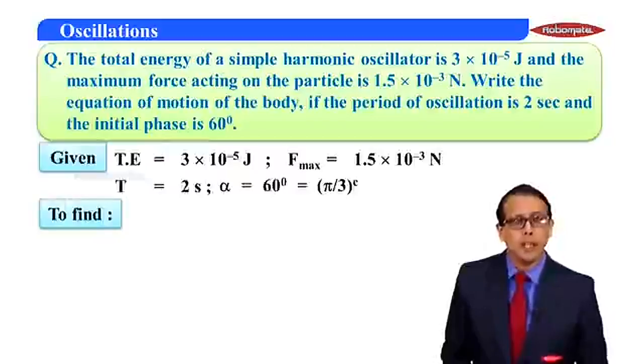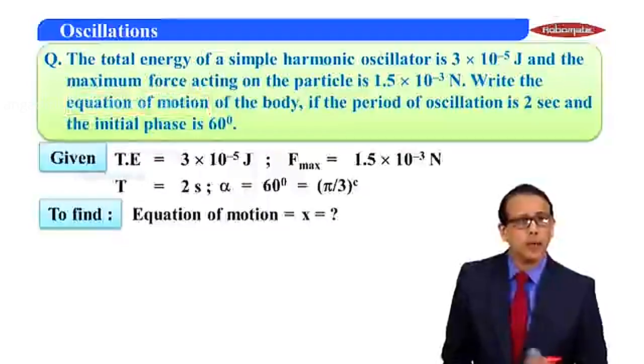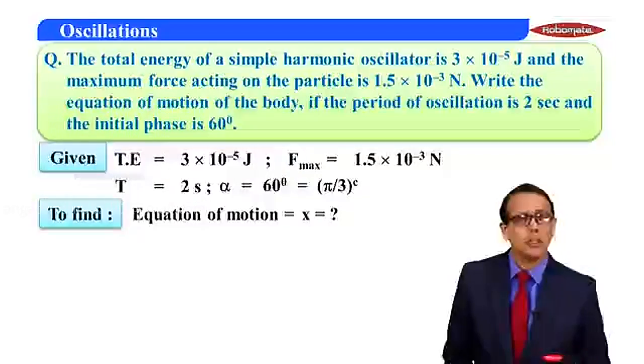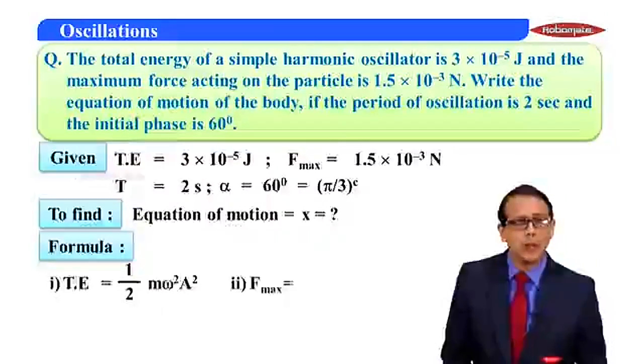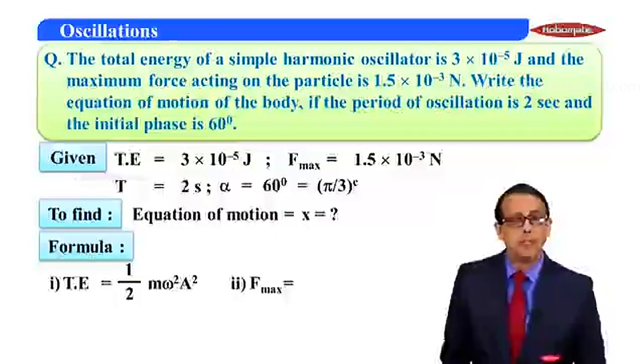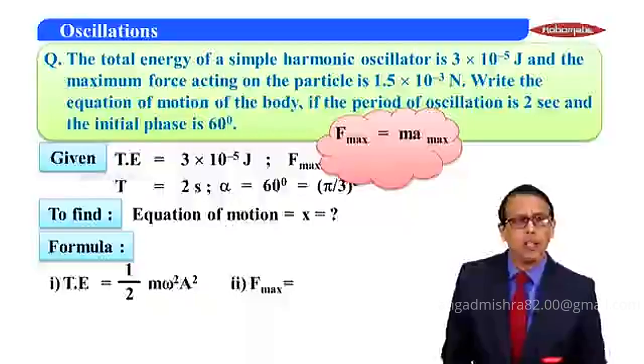To find this equation of motion, that is nothing but the formula of x. So let's write down x with these terms available. Now formula. First of all, total energy is half m omega square a square. Students, I need F max. We know F is equal to m a. Since m will not change at all, F max will become m into a max.